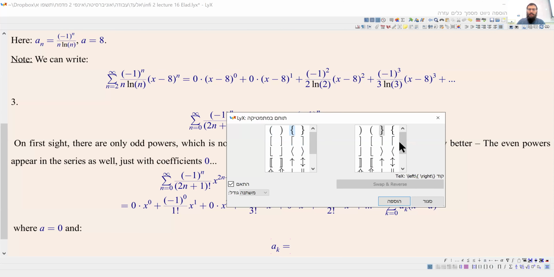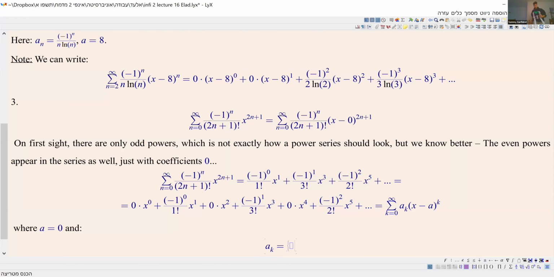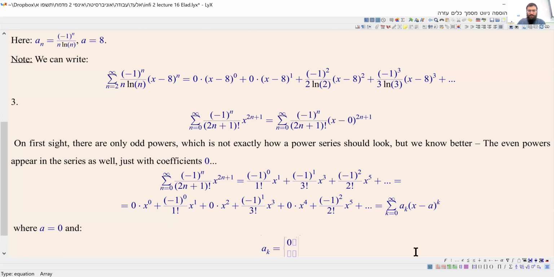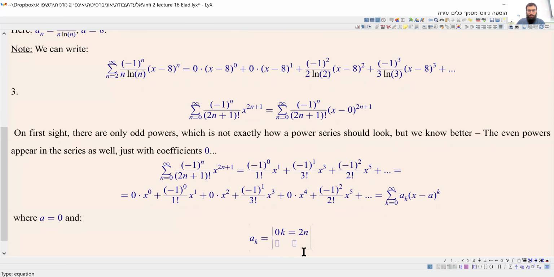Okay, it depends. If k is an even number, then it is 0. And when k is an odd number, it is this thing.